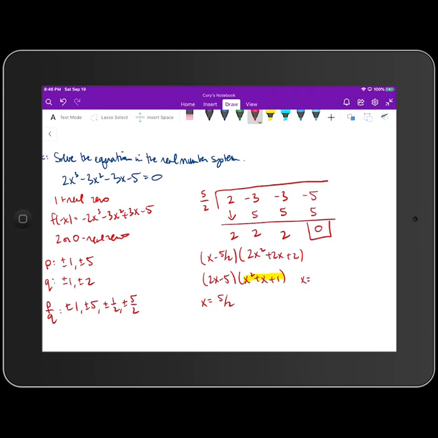So x is going to be equal to negative b, which is -1, plus or minus the square root of b squared, which is 1, minus 4 times a, which is 1, times c, which is 1. And we see that our discriminant here is negative. And if our discriminant is negative, that's not going to have any zeros. So the only zero our polynomial has is x is equal to 5/2.